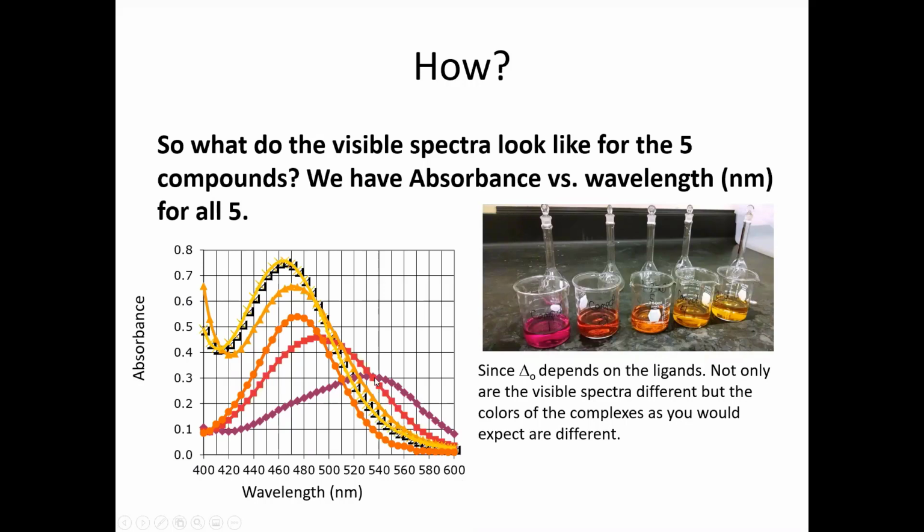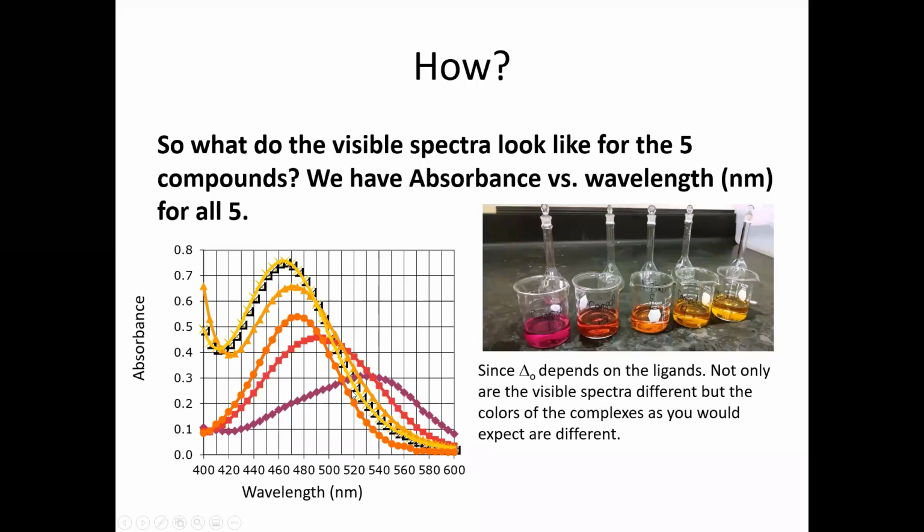For this one, the lambda max is around 540. For this one, you can see it moved to 500, and this one moved to about 480. So every one is different. That's also why they look like different colors when they are in solution.